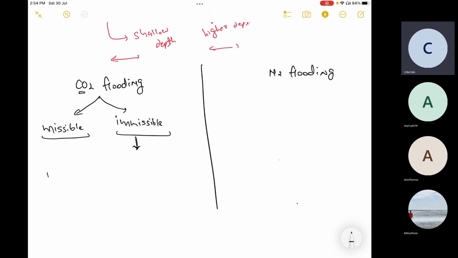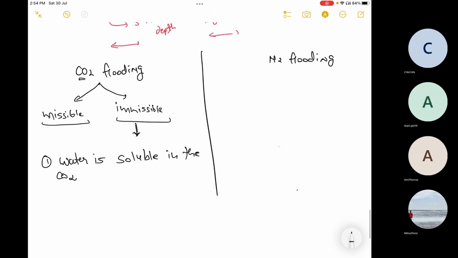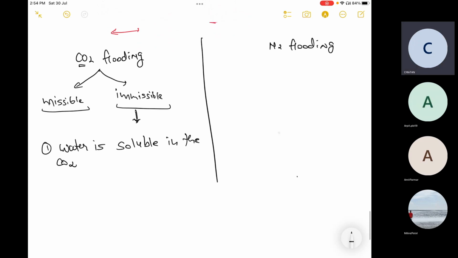So remember one important property of CO2: water is soluble in CO2. You should remember this. Once it dissolves with CO2, it can form carbonic acid.